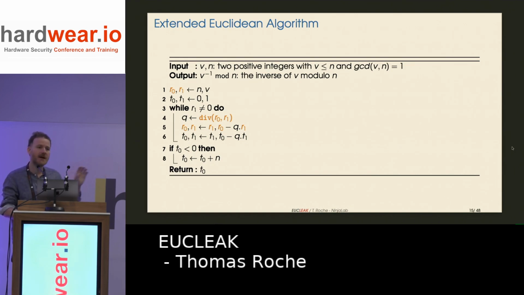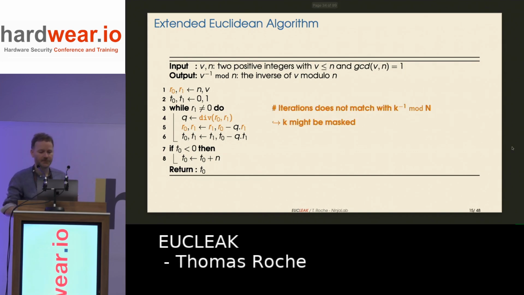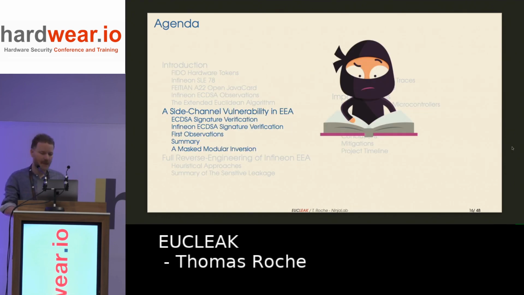But it doesn't match one for one. If I take one nonce value and invert it using this algorithm, the number of iterations won't match exactly what I observe for this specific K. And this might be because K is protected. So somehow, instead of inverting K, they are inverting something else just to make the attack impossible.